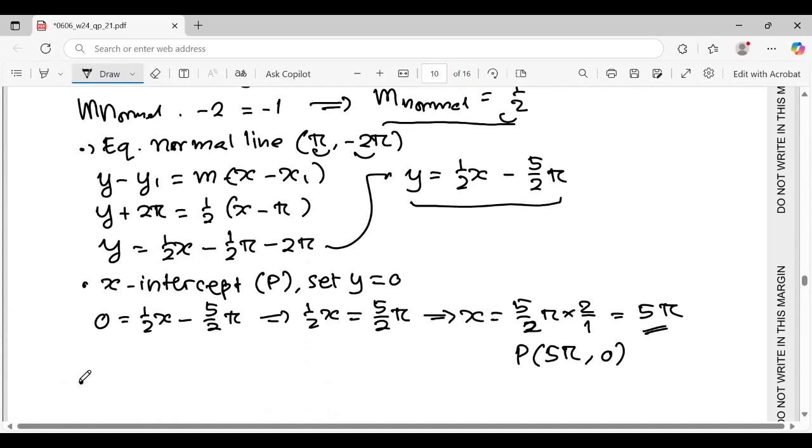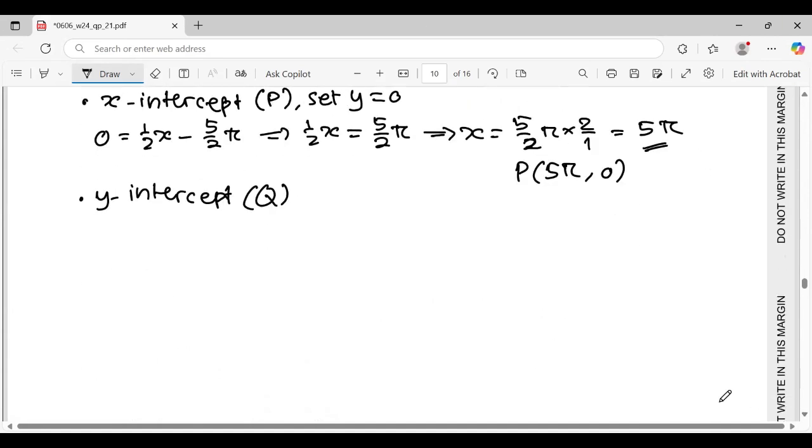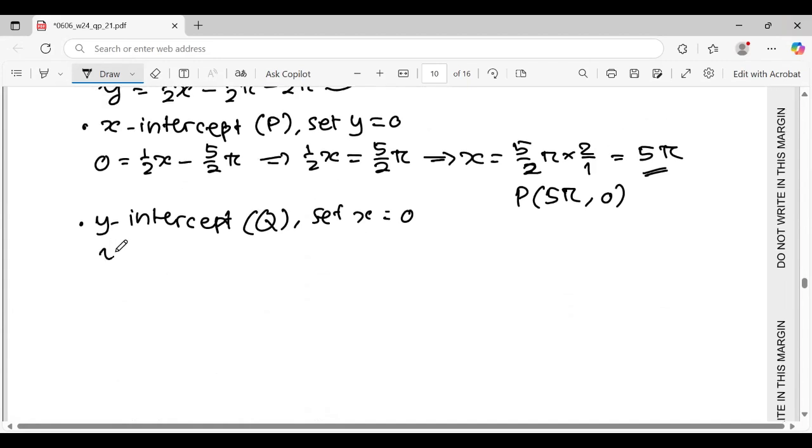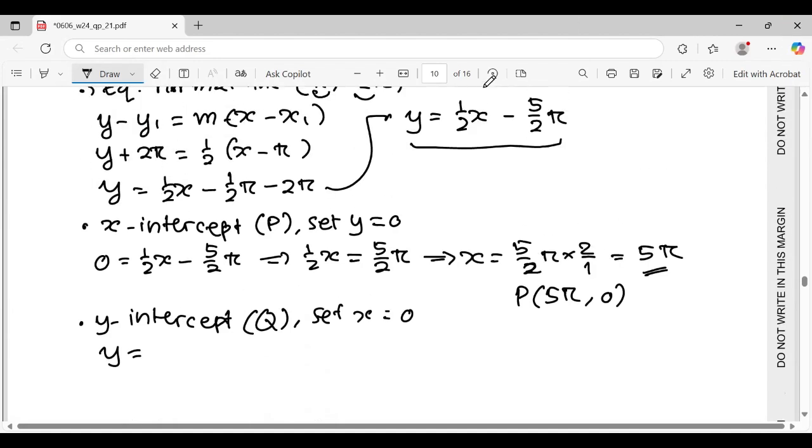And after that, the y-intercept, based on the information, this is Q. Go down. And we need to set x equals 0. If x equals 0, the function, the normal line function, becomes 1/2 times 0 minus 5/2 pi.